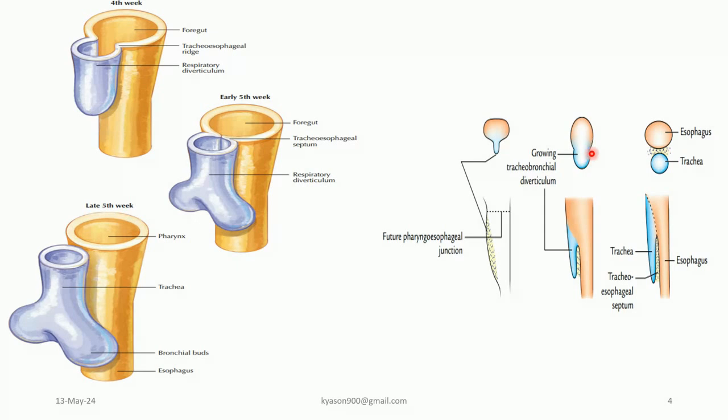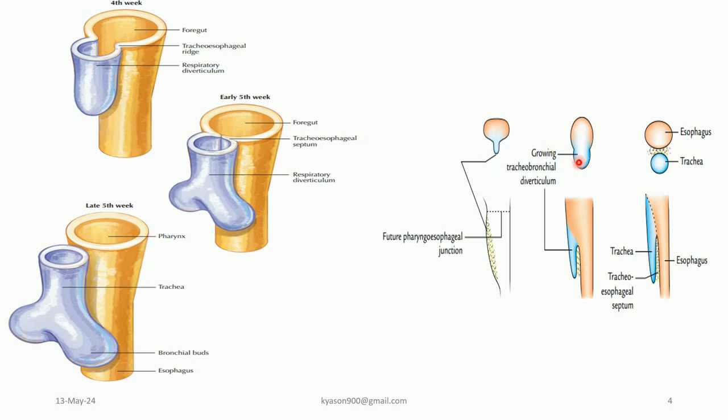This structure is what is going to keep on growing to give rise to the bronchial buds, that will keep on differentiating to form the bronchial tree and the lungs.